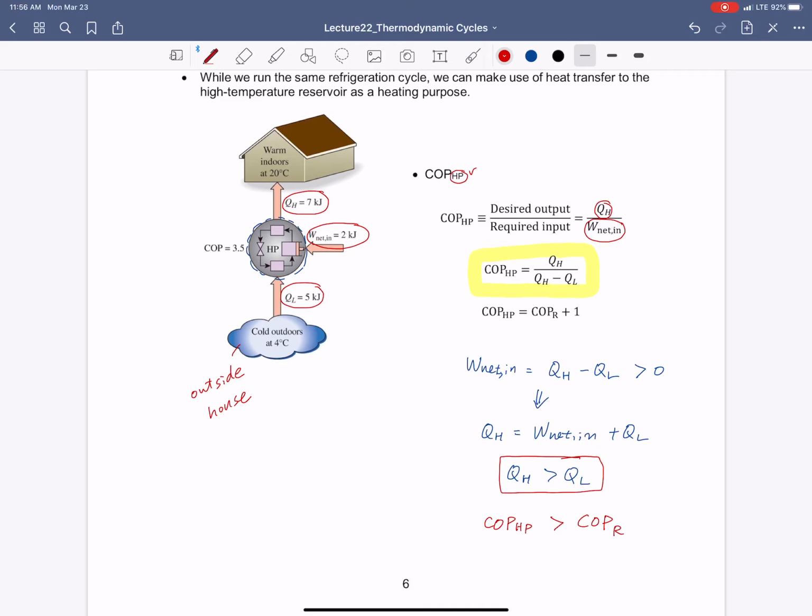And this relation can be written as COP HP equals COP R plus 1. Okay. So that is what I have here.